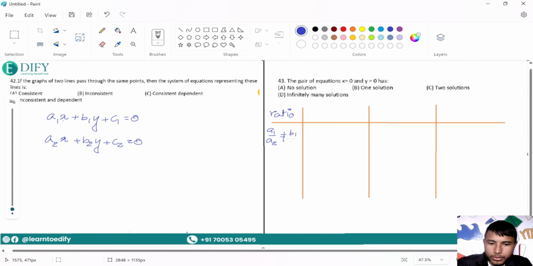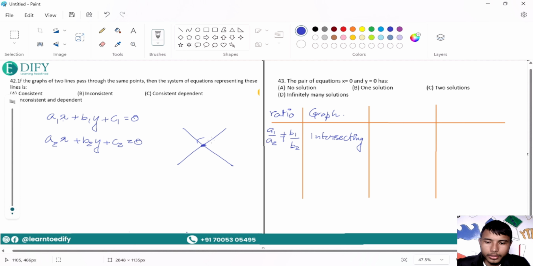not equal to b1 by b2, then what type of graph? That is intersecting. The lines intersect and meet at one exact point.